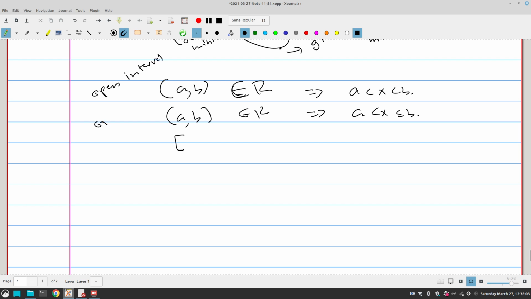This is open at one end, and this is closed. An interval, right? A comma V, which is the same as A V, right?